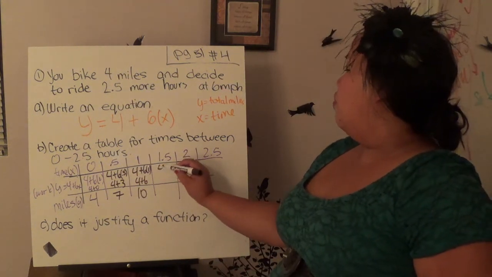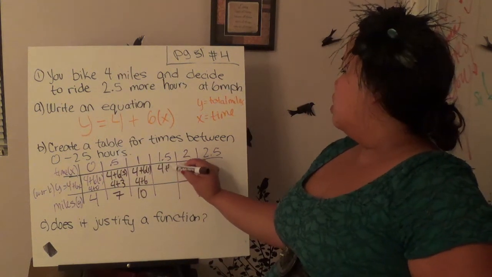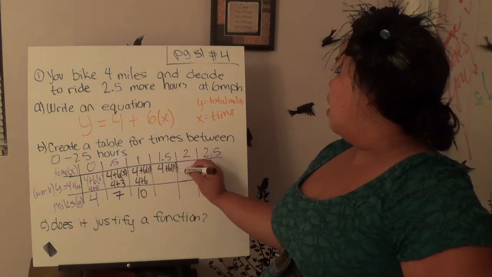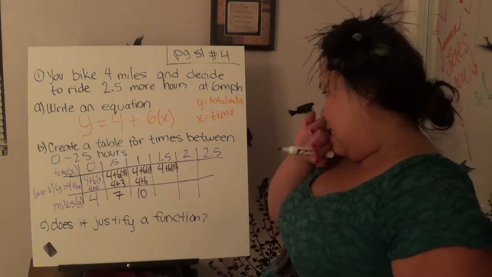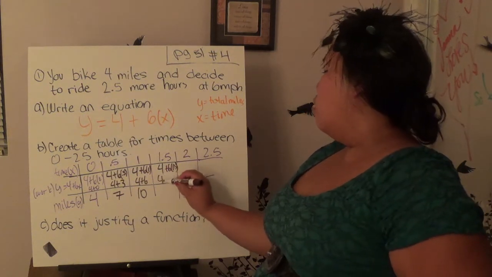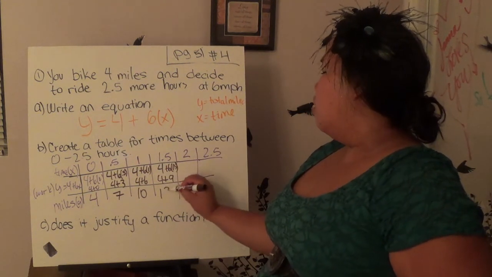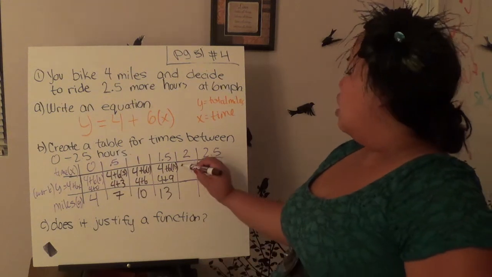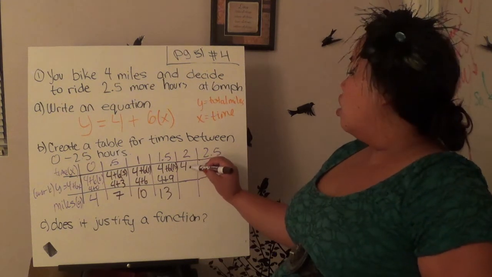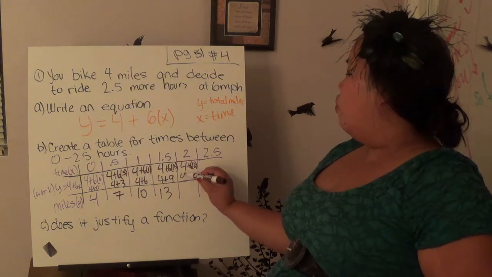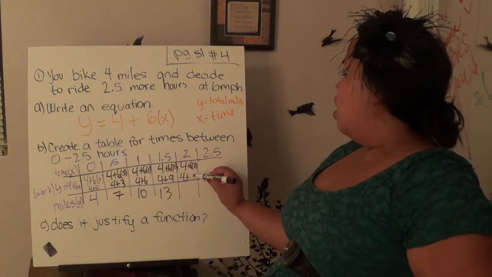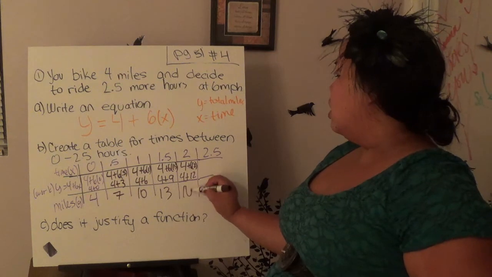This would be 4 plus 6 times 1.5, so 1.5 times 6 is 6 plus 3, which is 9, so 4 plus 9, which gives me 13. The next one is 4 plus 6 times 2, which is 4 plus 12, which is 16.